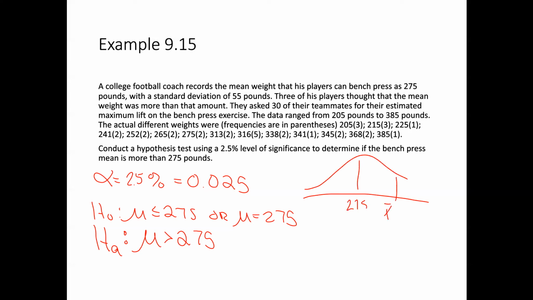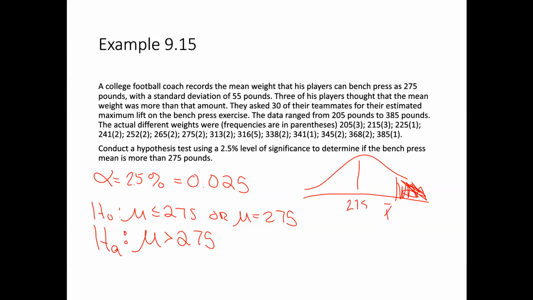And I can calculate that X bar from my data. And I can use the normal distribution to find the p-value, or I can just put this in my calculator. I'm going to first, real quick, calculate the X bar just so we can see how that's calculated if we don't recall how to do that. So we go to our stat menu, we go to calculate, and we're going to calculate the one variable statistics based on the data that we put in our calculator.